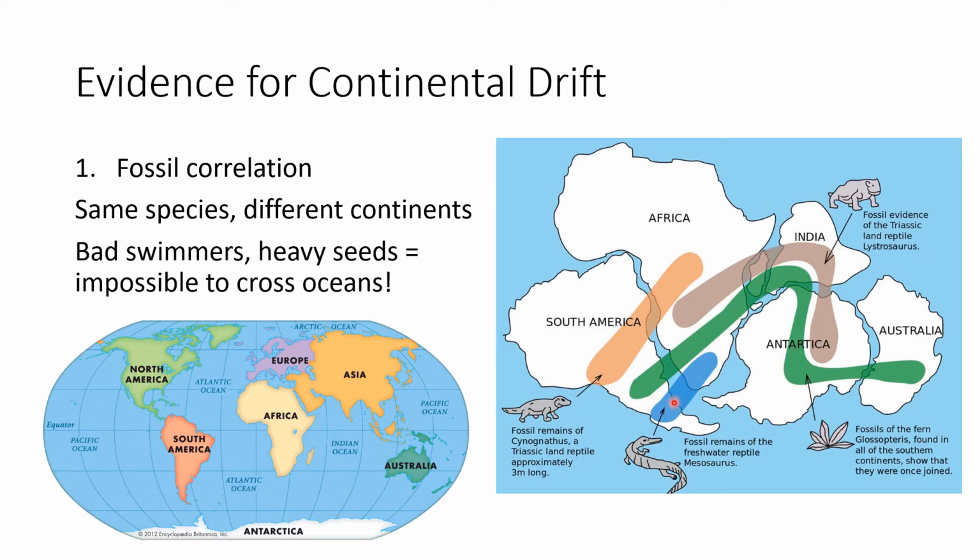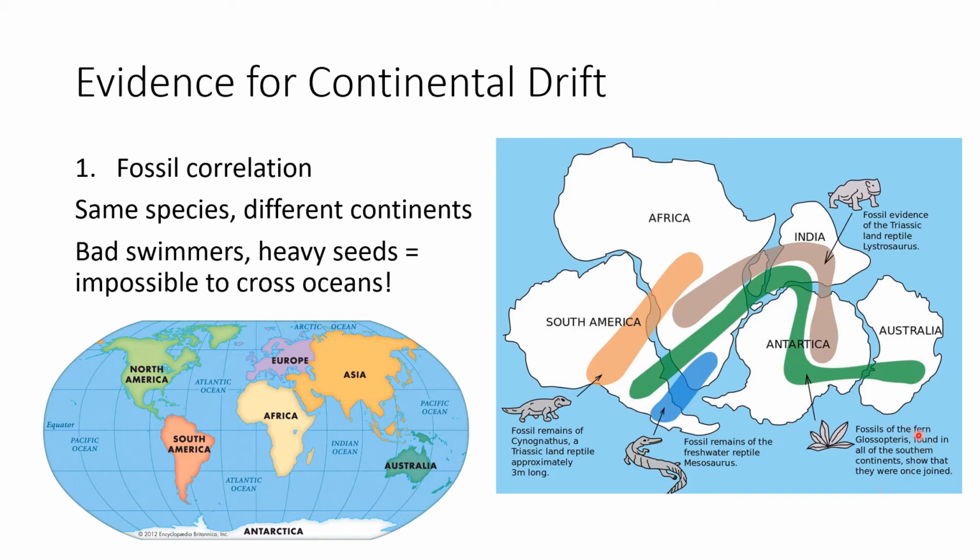The mesosaur was a freshwater reptile, so again, fossils of him in Africa and South America. He's freshwater. He couldn't survive in the salty ocean water, so there's no way he could swim across the Atlantic Ocean. Lystrosaurus, again, another stumpy land creature, but he's found all across a bunch of different continents with huge, vast amounts of ocean between them, so there's no way he could swim that far.